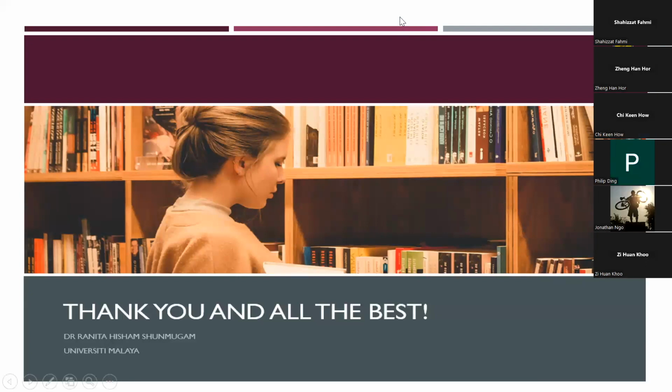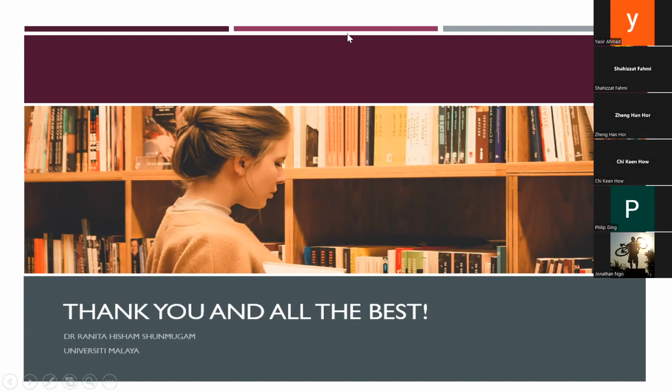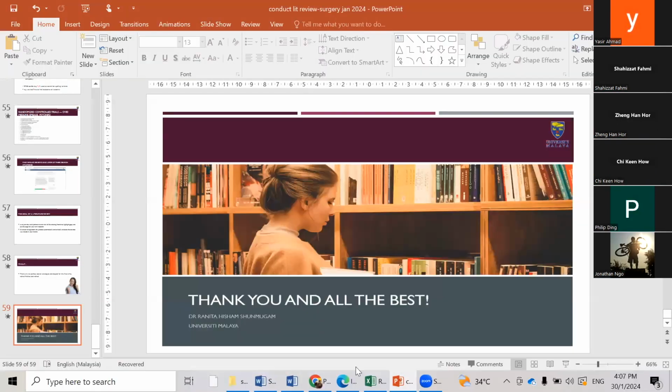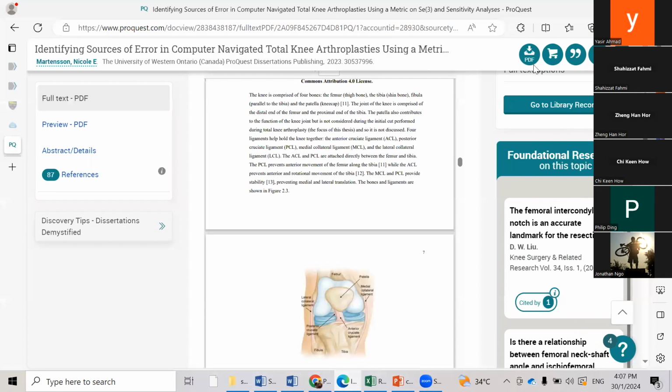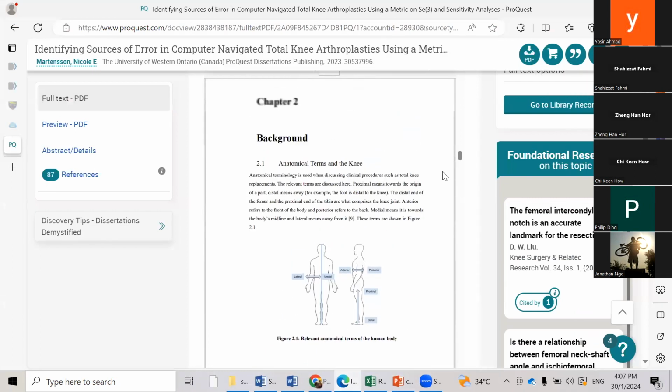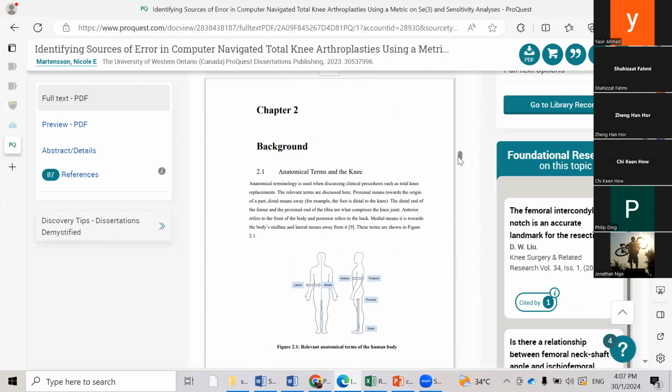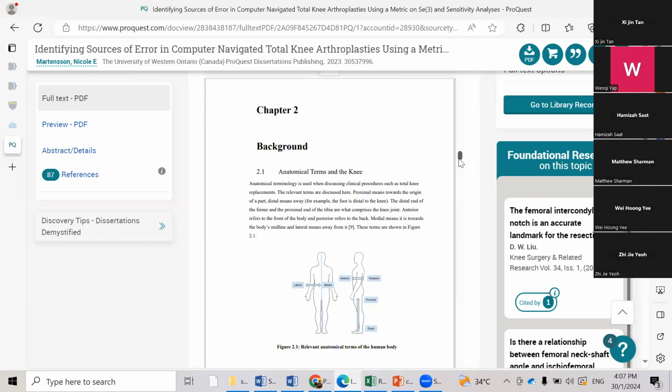So if you have things that you want to ask, if you're not sure, you can always email me. I'm not sure if my librarian colleagues are in this session or not, but I've invited them. If you have any questions about the search, of course, you can consult with them also.